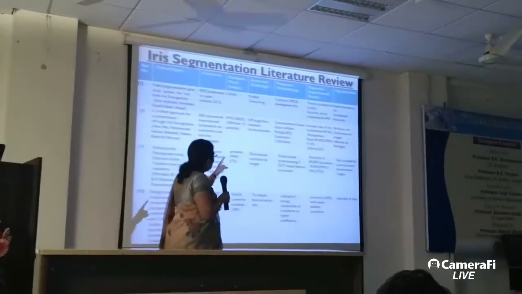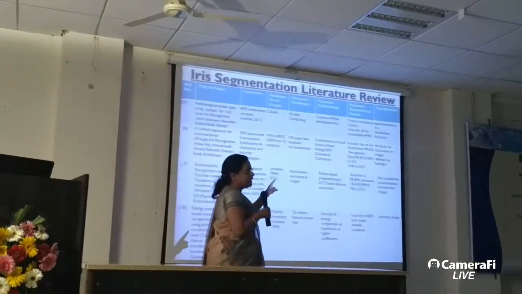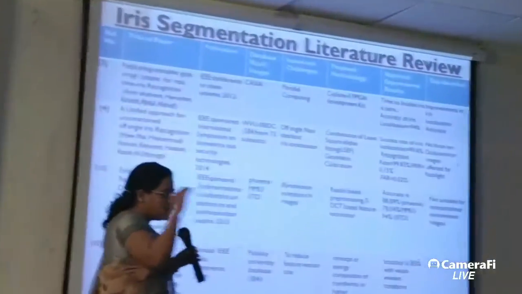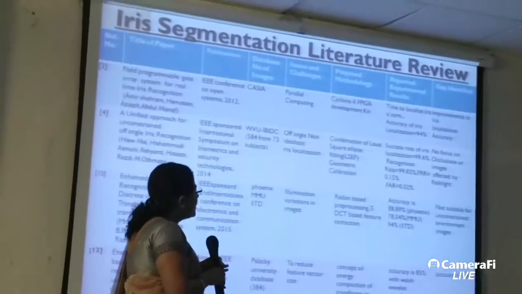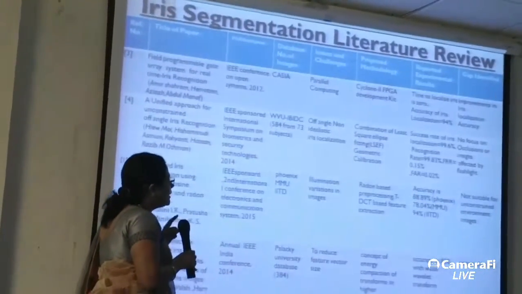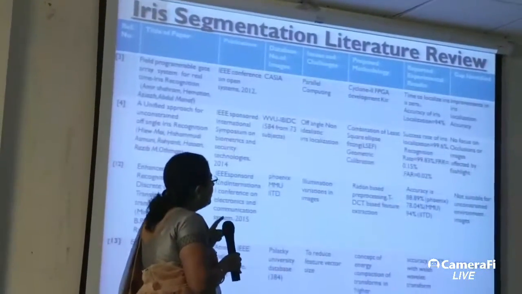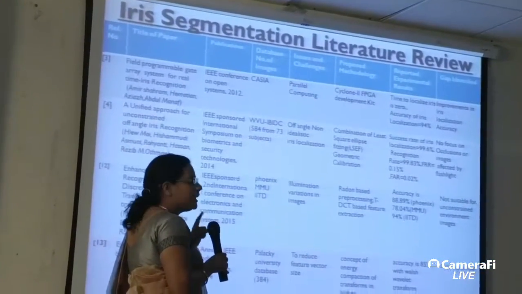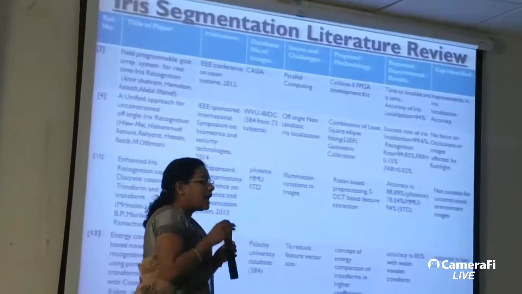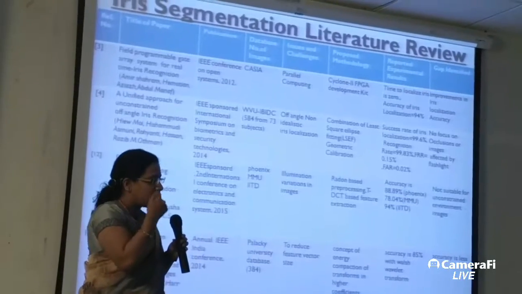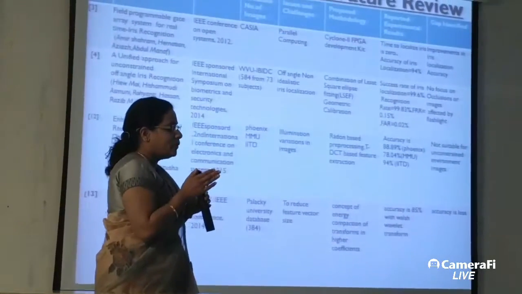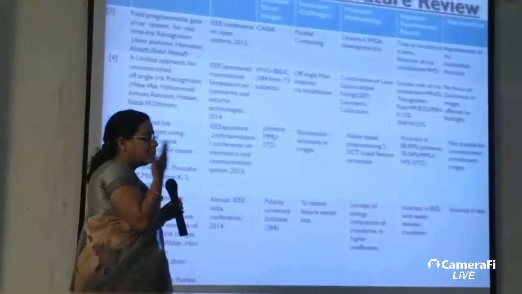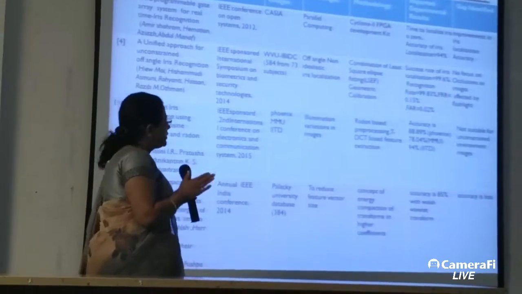In the second case, they concentrated on off-angle non-ideal iris localization, where the iris images are not taken straight. Some off-angle is there, so they have used a combination of LSEF and geometric calibration. That is, the least square ellipse fitting method and geometric calibration, where the iris boundary as well as the pupil boundaries are fitted iteratively till the best fit is found, and the off-angle is translated back to its original accurate position.